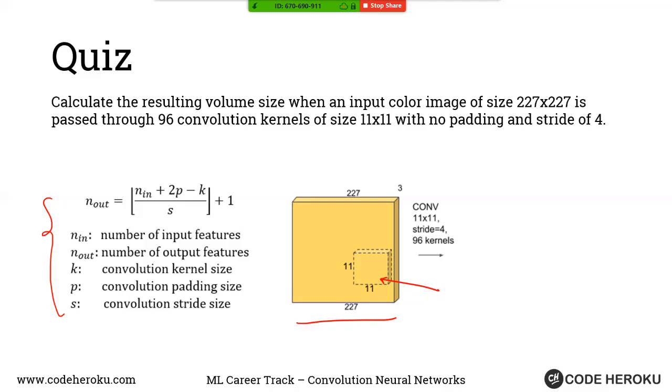Again, it will also be 3-channel, but we have 96 such kernels. So this is one, similarly you will have 96 such kernels. Can you calculate the resulting volume? What will be the output dimensions when you pass this kernel through this image? Here's the formula for you to use, and let me know once you are done and what answer you get.